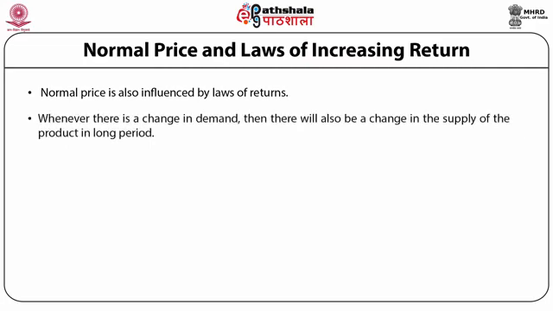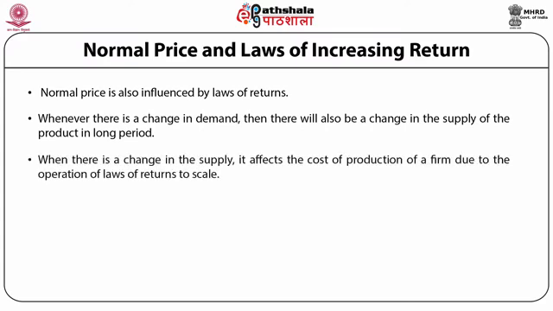Whenever there is a change in demand, there will also be a change in the supply of the product in the long period. When there is a change in the supply, it affects the cost of production of a firm due to the operation of laws of returns to scale.